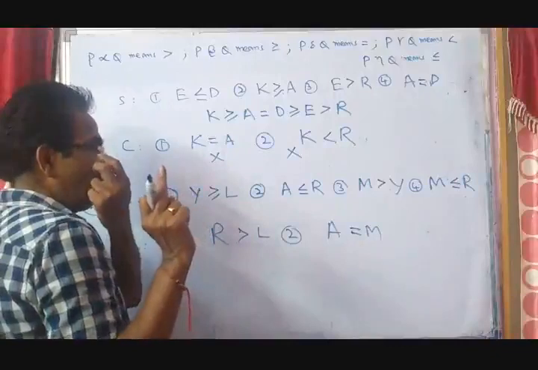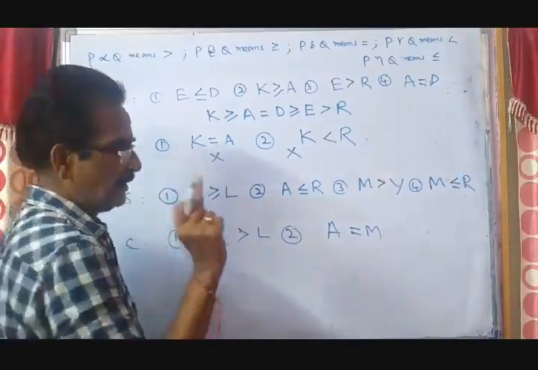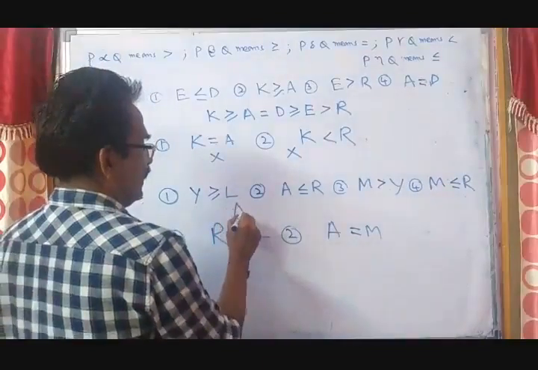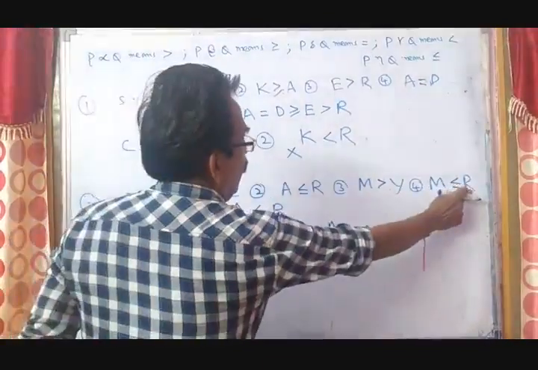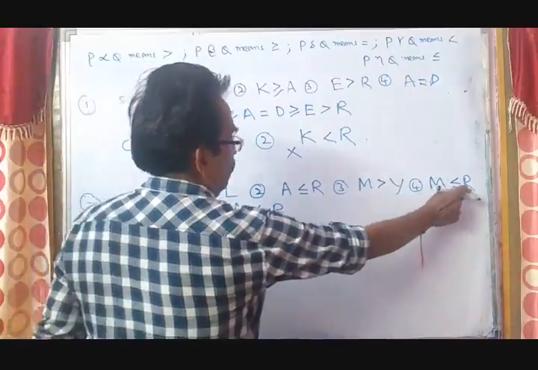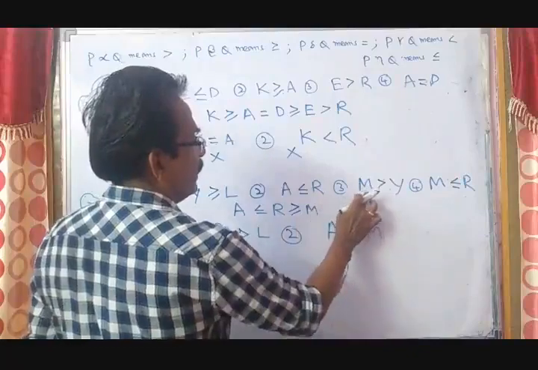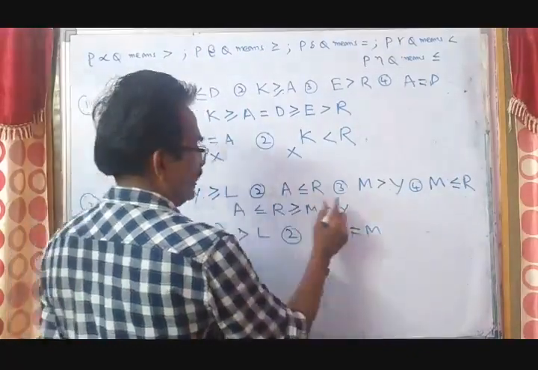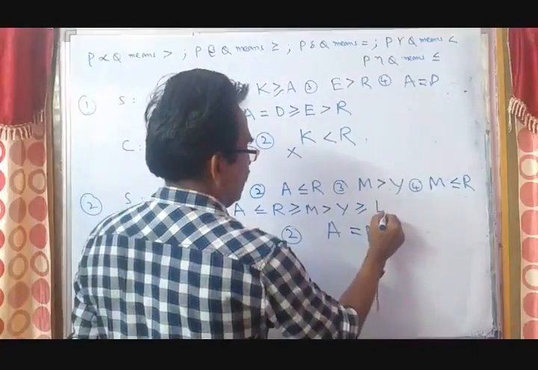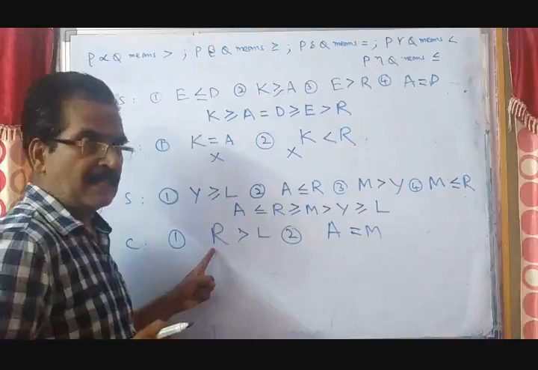Where only one letter is there, you have to begin the statement with that letter. A less than or equal to R. R greater than or equal to M. M greater than Y. Y greater than or equal to L. Now let us see the first conclusion.